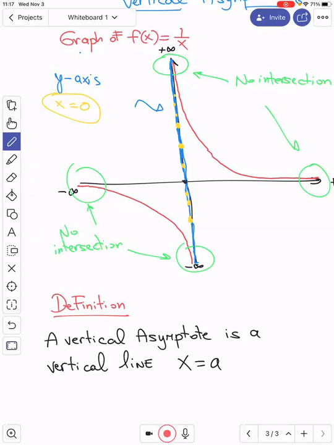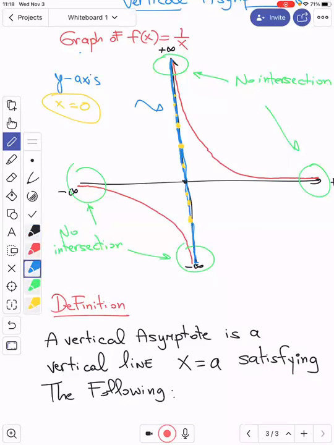So it's a vertical line, x equal to a, which satisfies the following. Remember what we said about this y-axis here. We said as x approaches 0, the values of y are going to approach infinity, right?